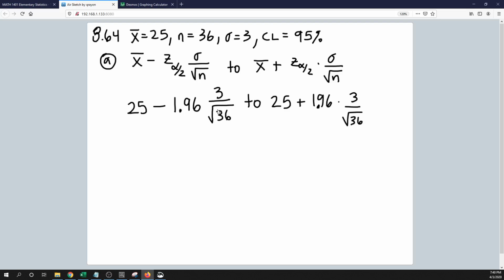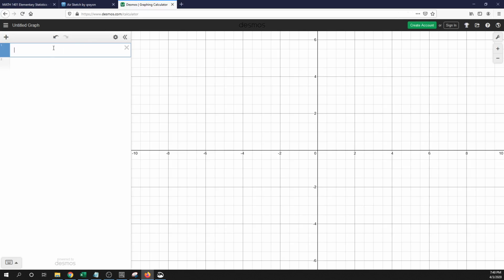All right, so I just need to calculate that out. So 25 minus 1.96 times 3 divided by square root 36, which is just half.